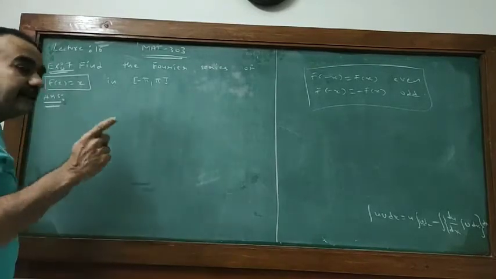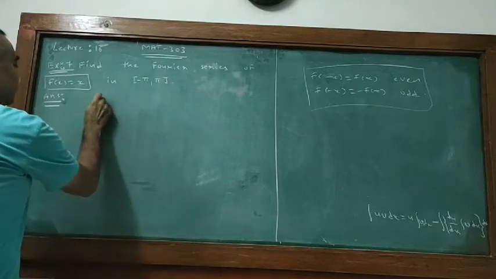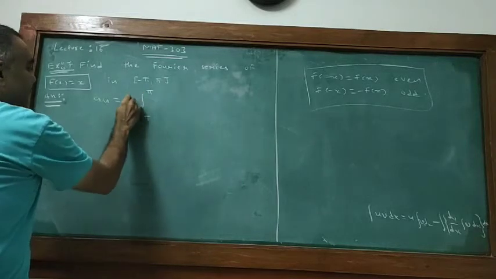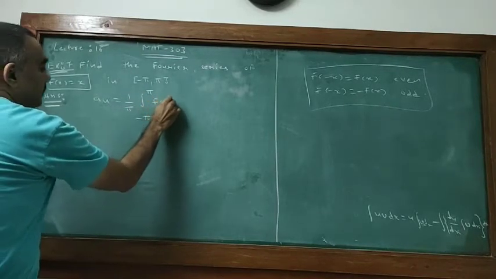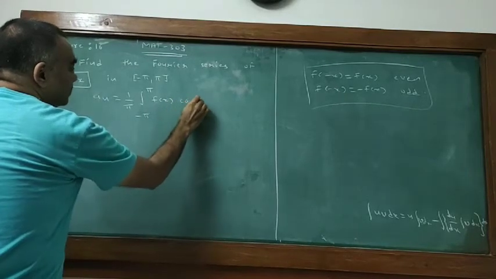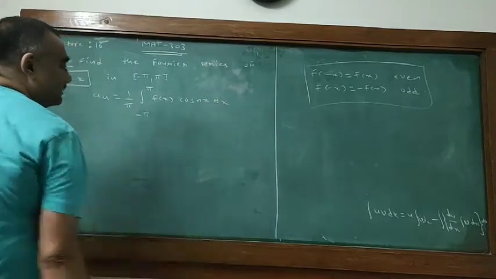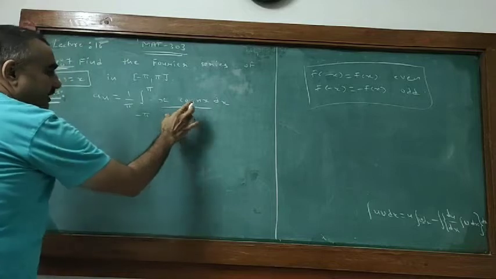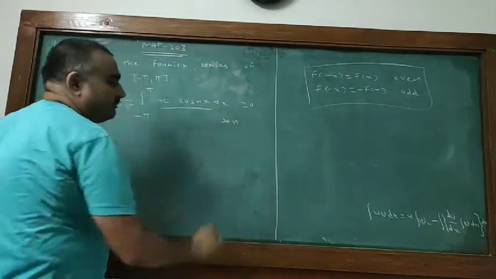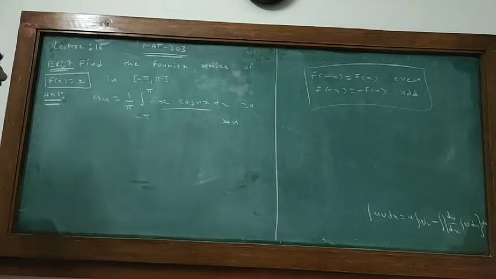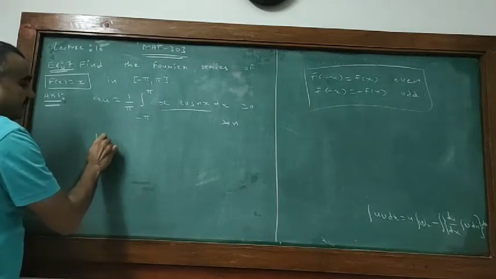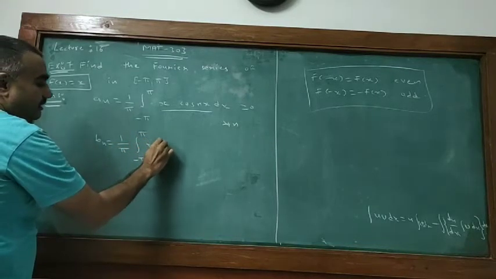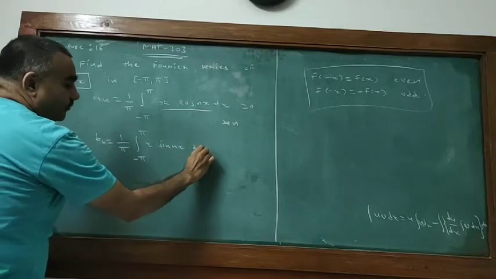If you remember the definition of the Fourier series, a_n equal to 1 upon pi integral from minus pi to pi of f(x) cos nx dx, and f(x) equal to x. Now this is an odd function and therefore this is equal to 0 for all n. So we have to consider here only b_n, 1 upon pi integral from minus pi to pi of x sin nx dx.